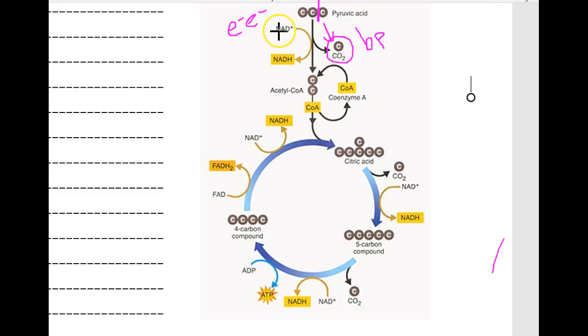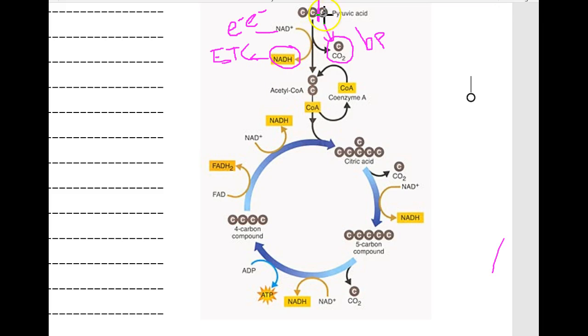And those electrons are going to be picked up by NAD+. Notice that there are negative charges, positive charges. They're going to be picked up by that. They'll become NADH, and this NADH is going to go off to the electron transport chain. So we'll see that NADH a little bit later.